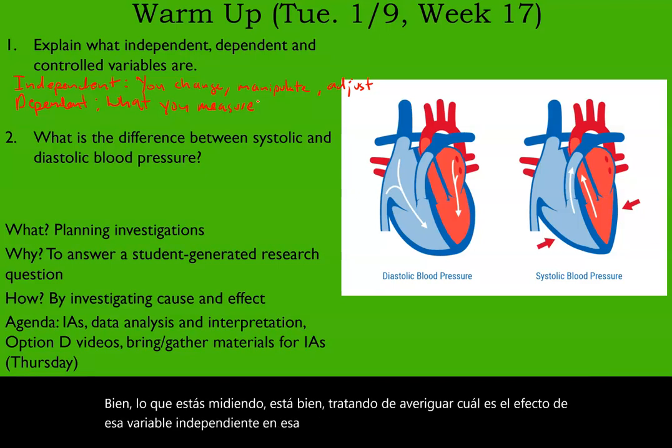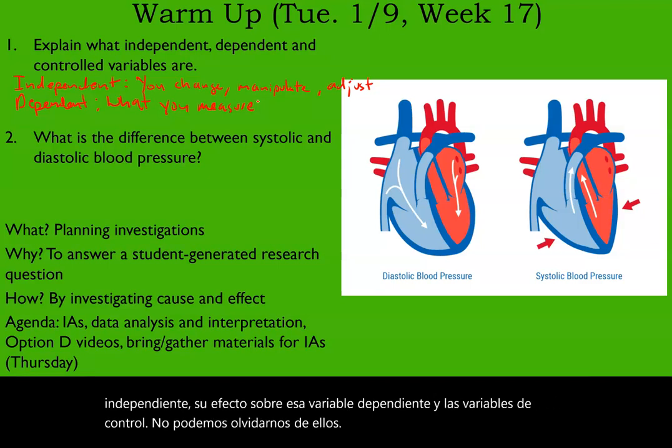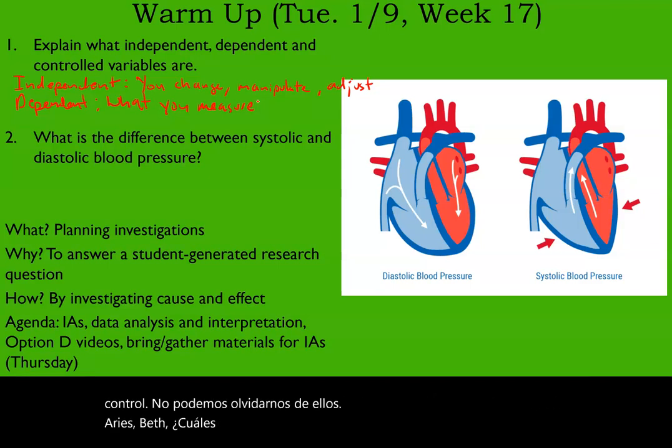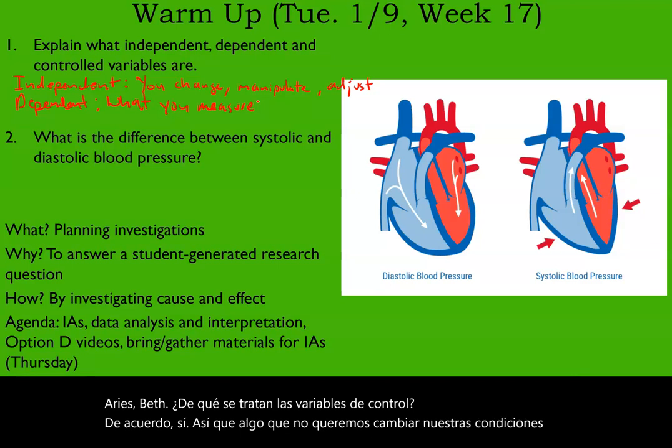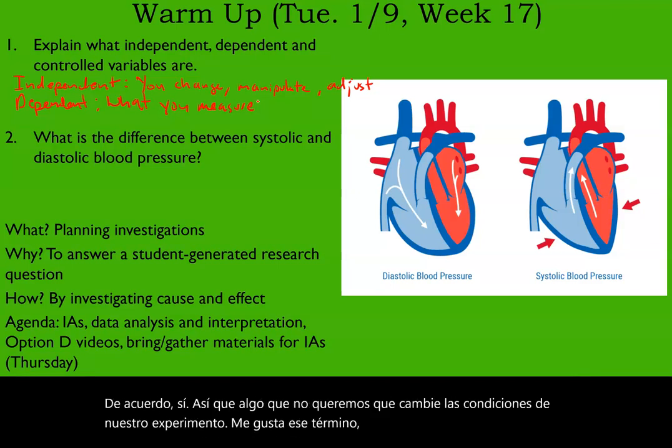And the control variables, we can't forget about those. Aries Beth, what are the control variables all about? Okay, yeah. So something we don't want to change: the conditions of our experiment. I like that term, the general conditions of our experiment.